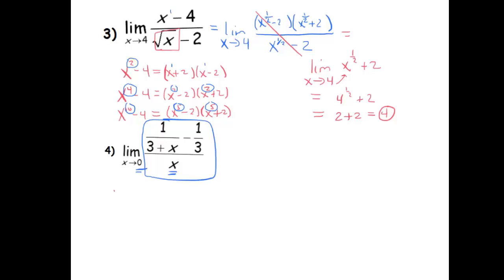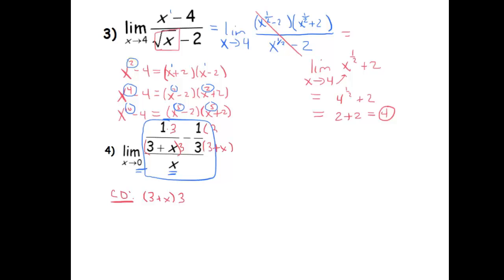So the common denominator, if we just focus on the top, it looks like we need a 3 plus x and a 3. And so it looks like in this expression here, I would need to multiply the top and the bottom by a 3 to get that 3 times 3 plus x at the bottom. And this needs an x plus 3, or 3 plus x. I'll write 3 plus x so that it's not confusing.